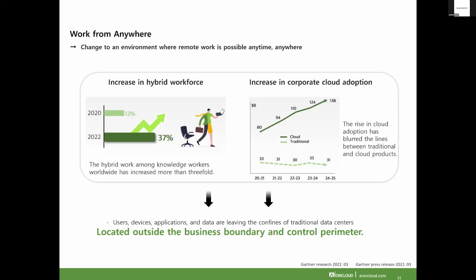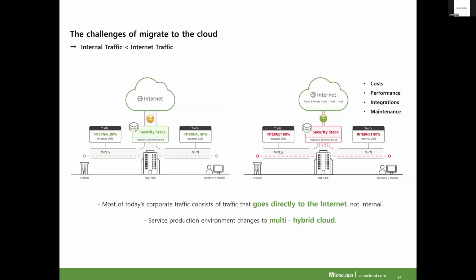So part 1, why you need Ion Cloud. The first and most obvious reason is how mobile workforces have become. Work from everywhere has put employees outside the business boundary of the office and beyond the traditional control perimeter. And this also is true for applications and where servers are located.